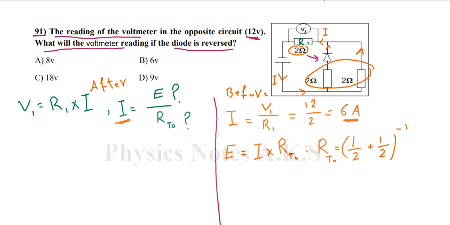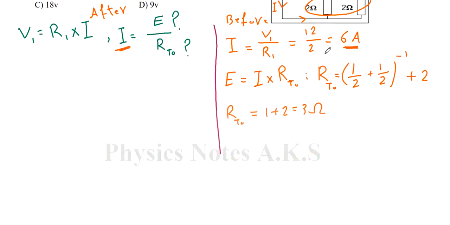This is the total for the parallel combination, and then I add the series. Which means R total equals 1 plus 2, it is 3 ohm. This is the total resistance.